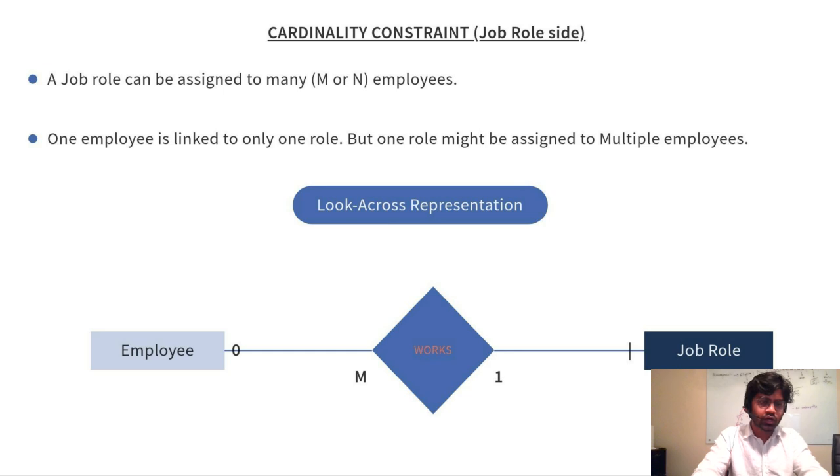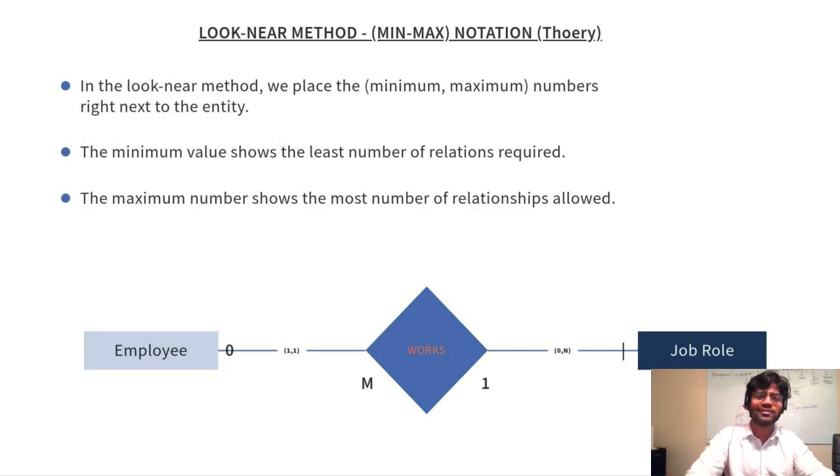Let's see the job role side of the cardinality, where the job role can be assigned to many employees or even none. So we place M or N across the job role near to the employee entity. So together, this means one employee is linked to exactly one role, but one role may be assigned to multiple employees, right?